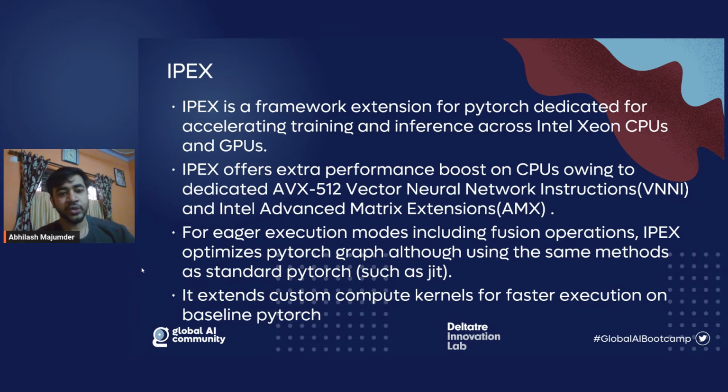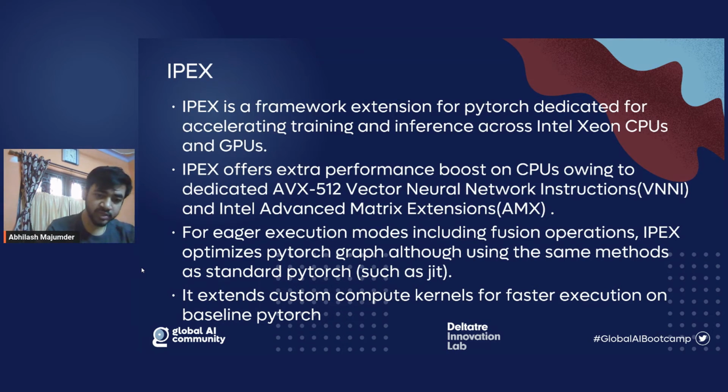The eager execution mode is also there. One of the eager execution modes which I mentioned was about the fusion operations. So IPEX optimizes PyTorch graphs using the same methods as standard PyTorch, such as JIT. We have the same abstraction when we write the code.